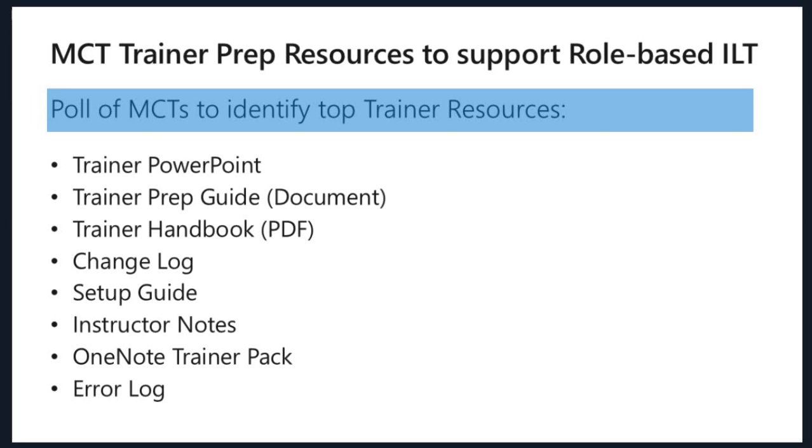One of the tenets is faster updates, trying to get content to market more quickly, and a cadence of faster updates after that. So there is a poll, and I think Allison's going to share that in the chat window with you. There is an informal poll that we're holding for all MCTs that have been on the town hall calls, but I think Allison's posted it to MCT Central as well.